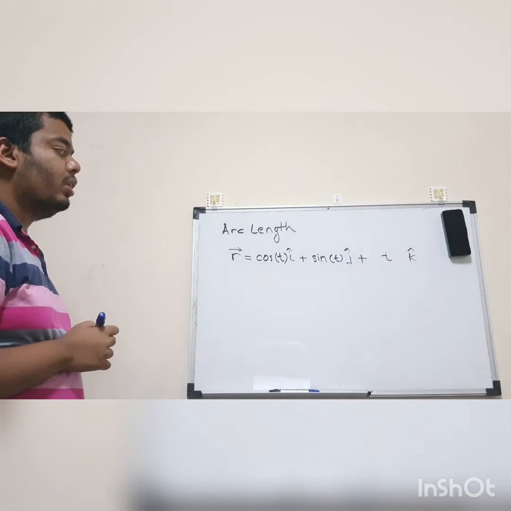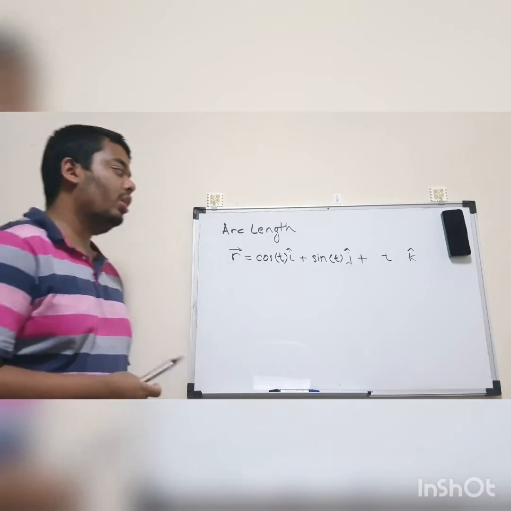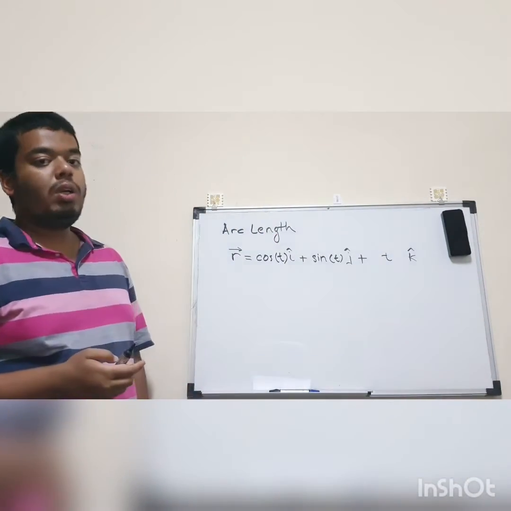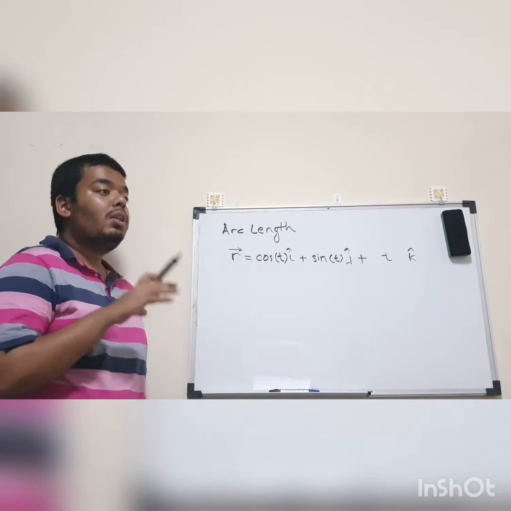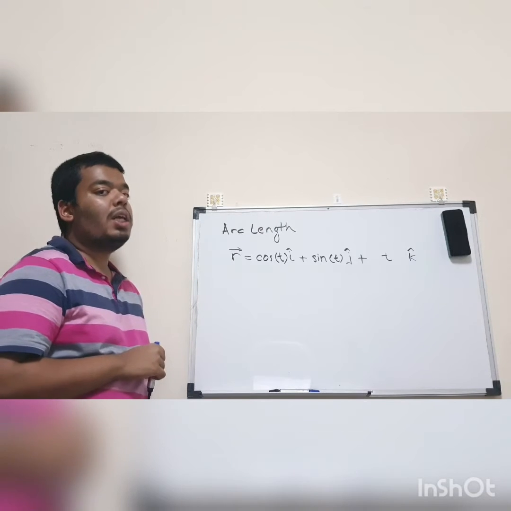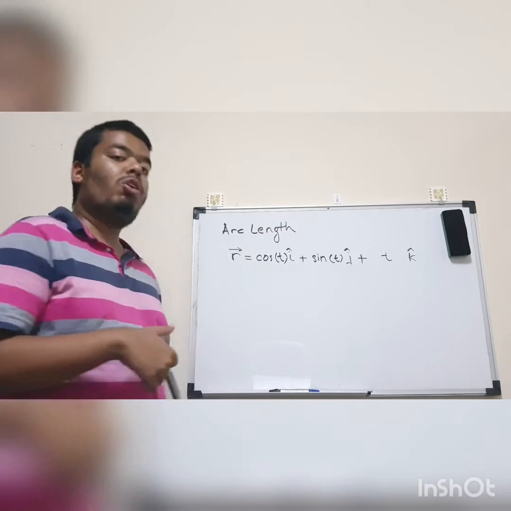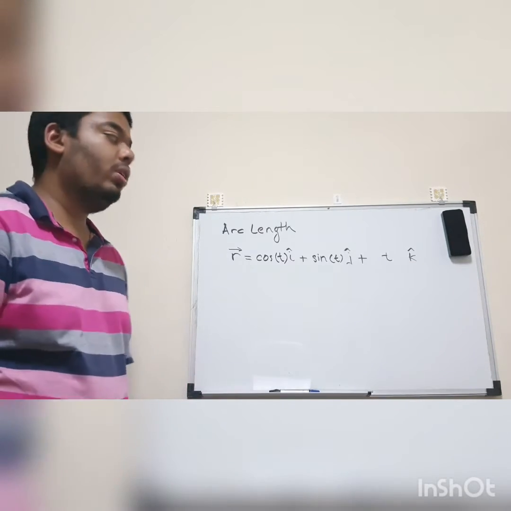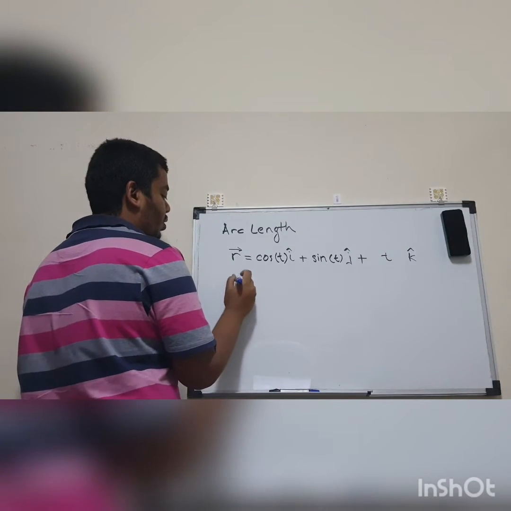Now I need to reparameterize it. Why do we need to reparameterize a vector function? Because whenever we reparameterize, the equation becomes independent of the coordinate system, whether it is Cartesian or another coordinate system.